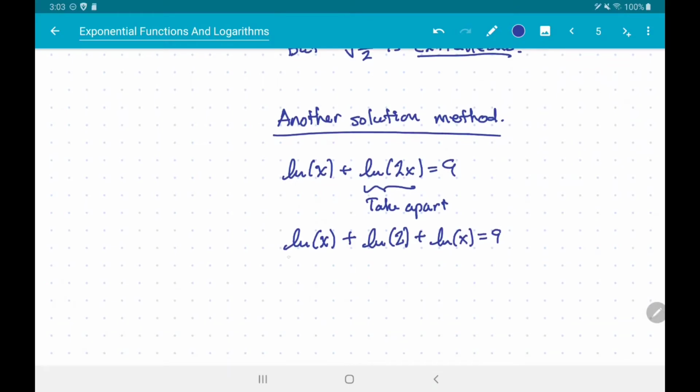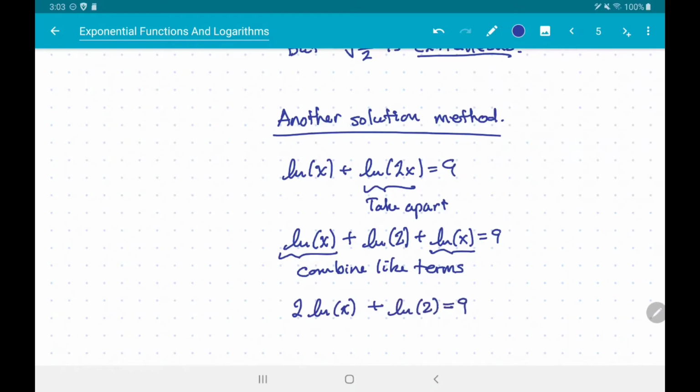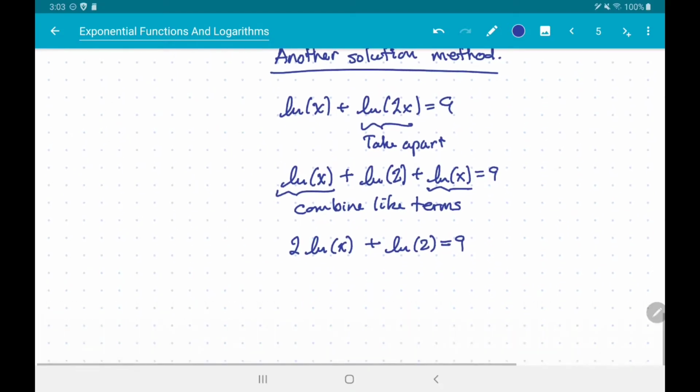Now, if you notice, I have like terms. So ln of x plus some other stuff plus another ln of x, I can combine that into 2 times ln of x. Now I need to undo the addition of ln of 2.